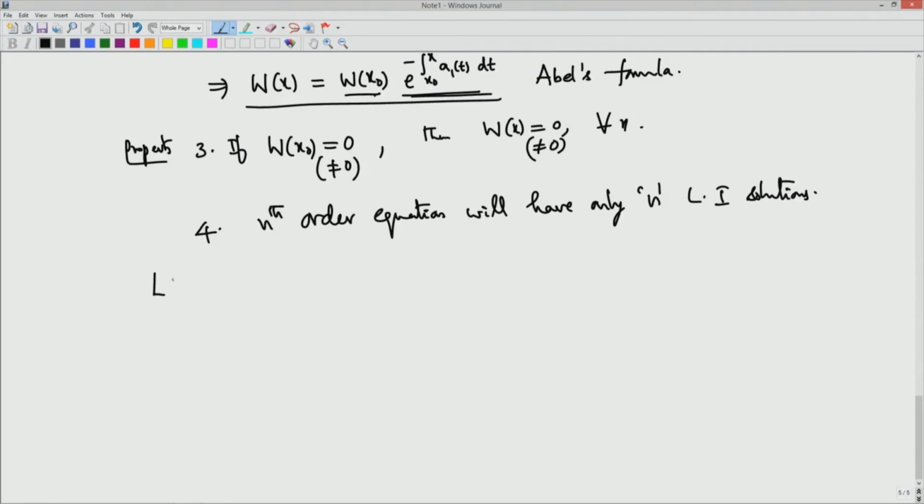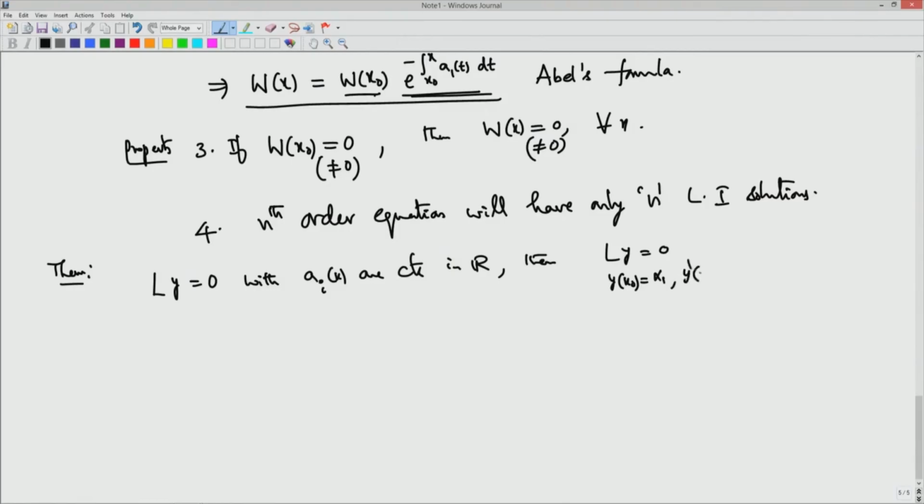So let us consider the nth order differential equation Ly equal to 0, and I will give you this theorem without proof: with all ai of x continuous in R, then this Ly equal to 0 with the initial values y at x naught is alpha 1, y dash at x naught is alpha 2, up to the (n minus 1)th derivative at x naught equal to alpha n.